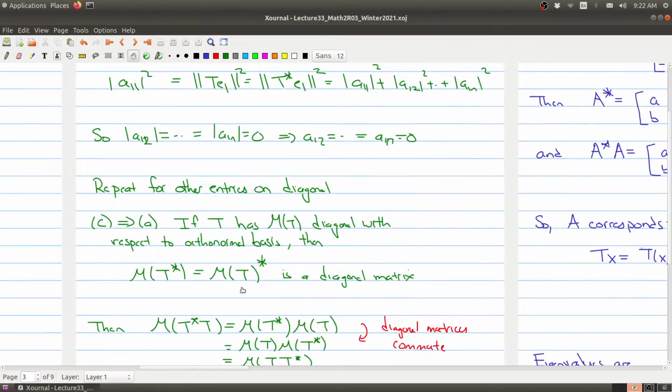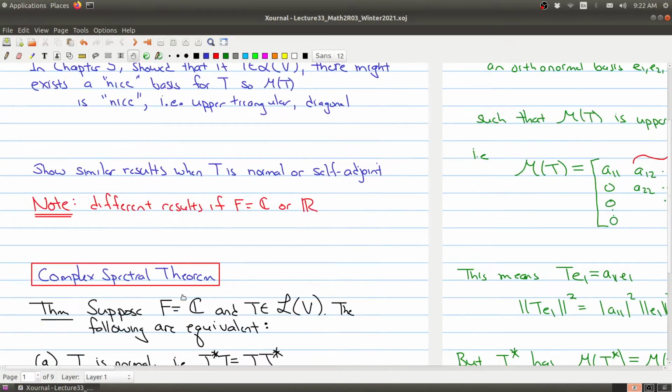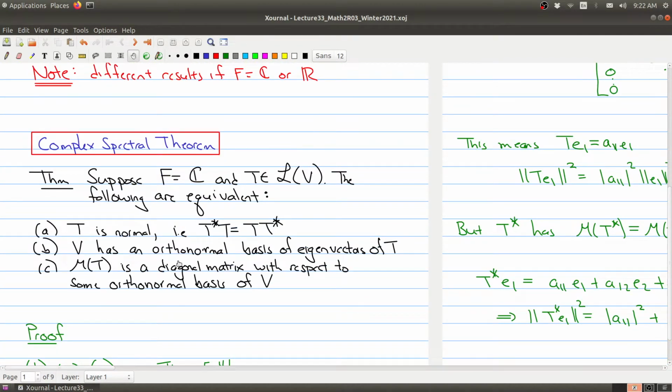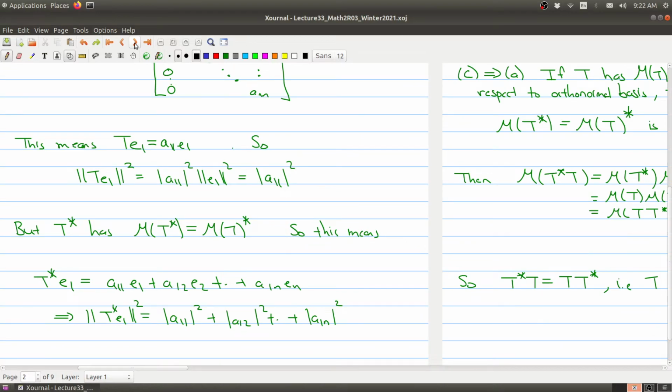So the complex spectral theorem says that V has a basis of eigenvectors that are orthonormal, and with respect to that basis, we can get a diagonal matrix. So let's try to find that matrix.